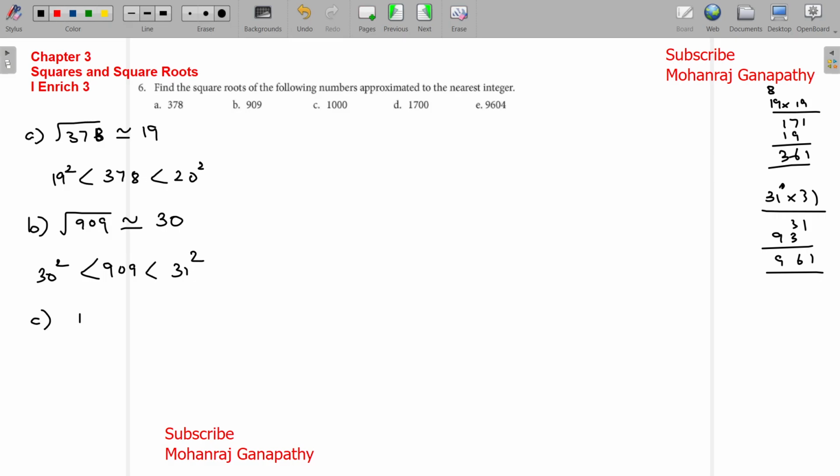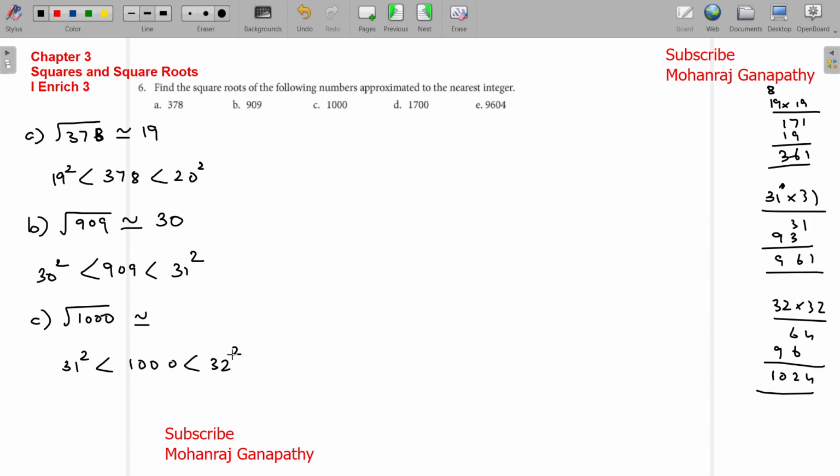C. 1000. 32 square is 1024. So 31 square is 961 and 32 square is 1024.